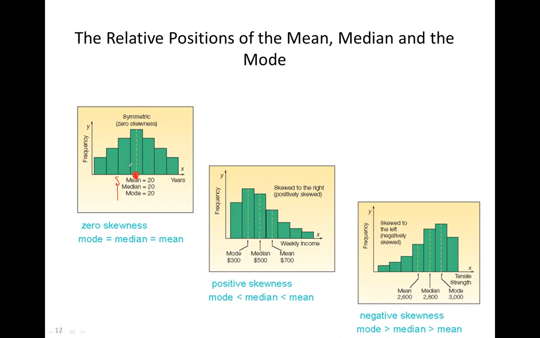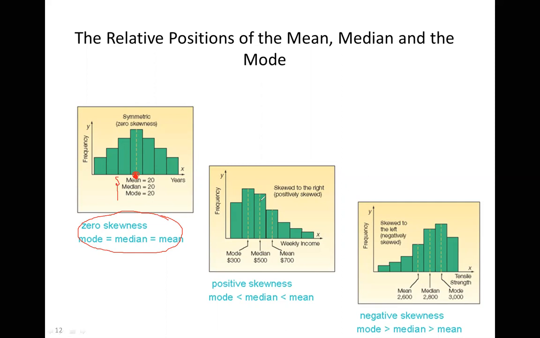Okay, that is the relation between the distribution of the data and the position of the numerical measures to describe center, mainly mean and median and mode. So zero skewness means you have symmetric data, and in that case the values are equal: mean equals median equals mode.